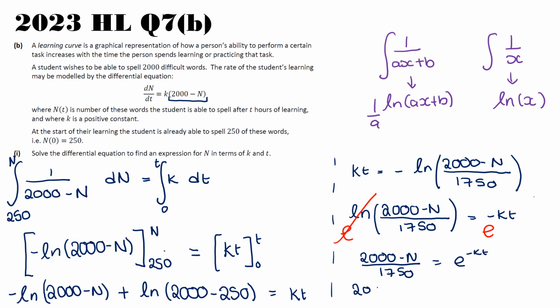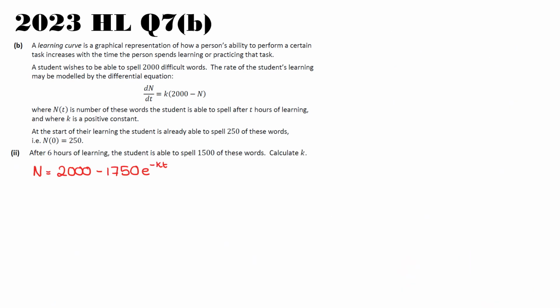And that's 2,000 minus n is equal to 1750 e to the power minus kt. N is equal to 2,000, watch your signs here, minus 1750 e to the power minus kt.